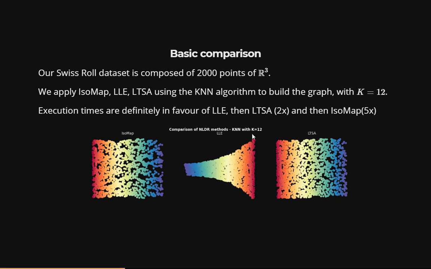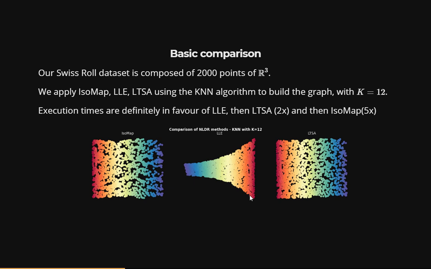Now, this is what the plot of two components of the three algorithms looks like. So IsoMap, LLE, and LTSA. You see that LTSA and IsoMap give more or less the same result. LLE gives this weird shape.